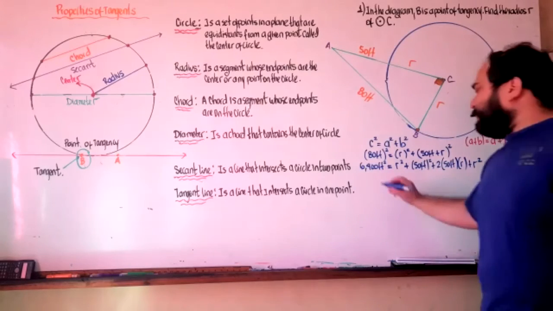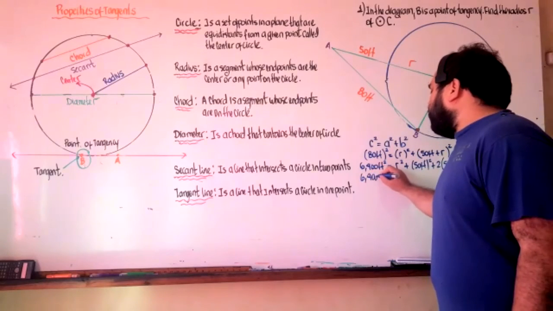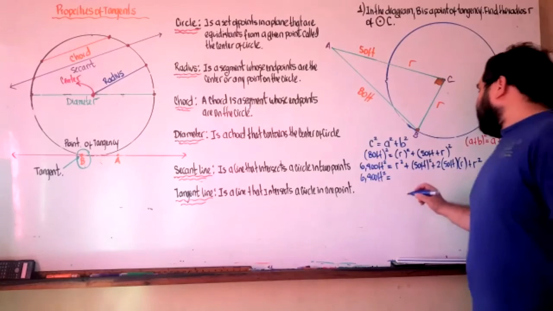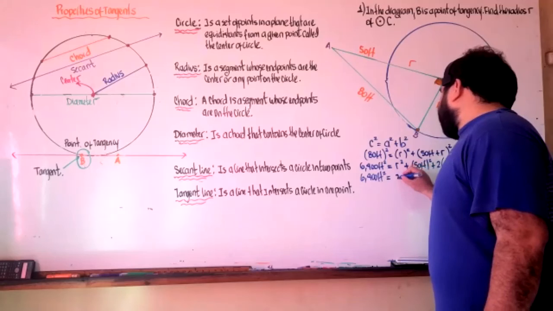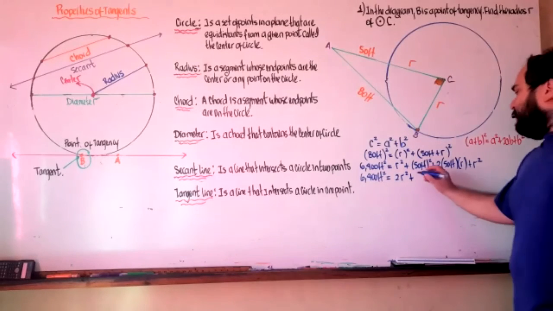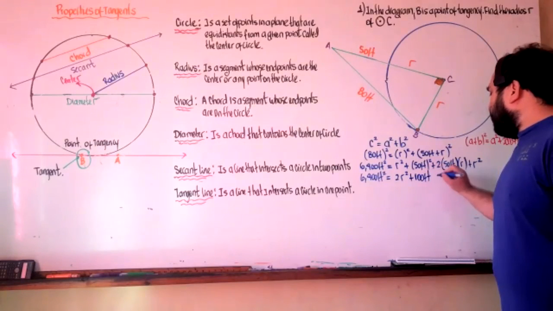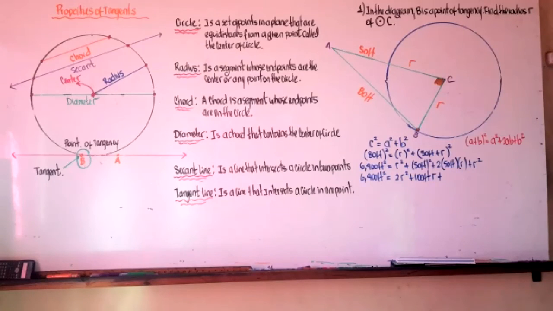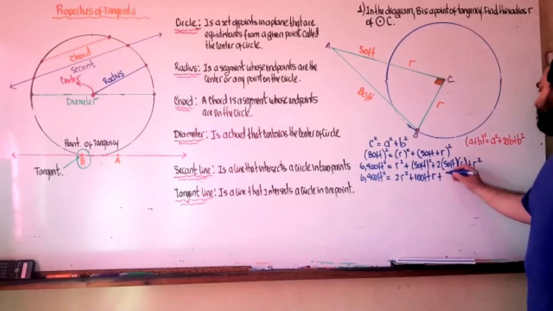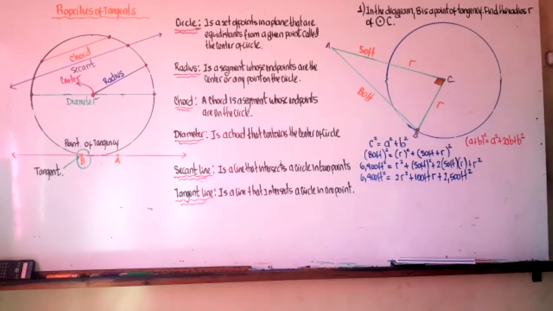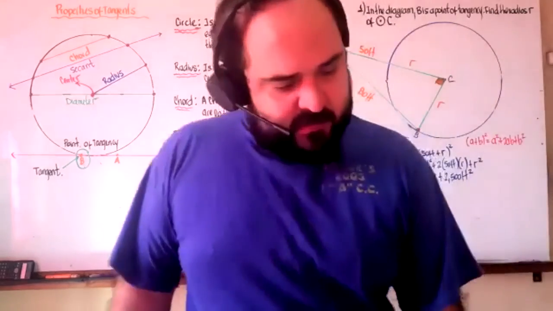So we have 6,400 square feet equals R squared plus R squared, which is 2R squared, plus 2 times 50 times R, which is 100 feet R, and finally 50 times 50 is 2,500 square feet, right? This is the relationship between them.